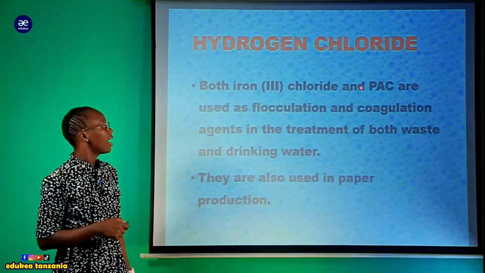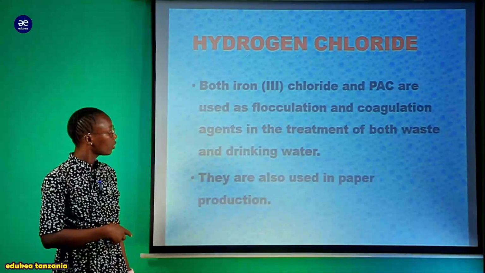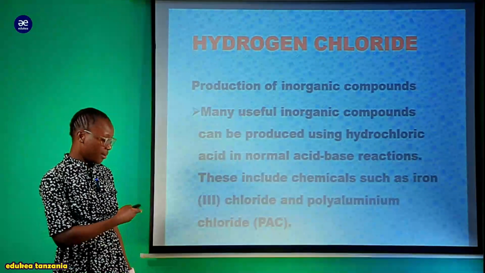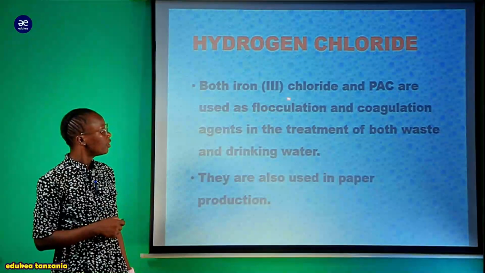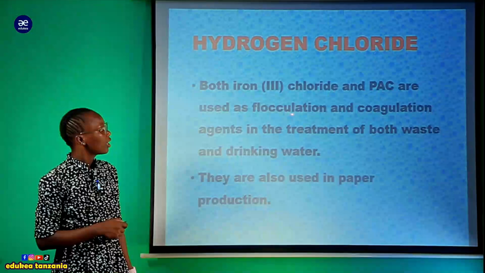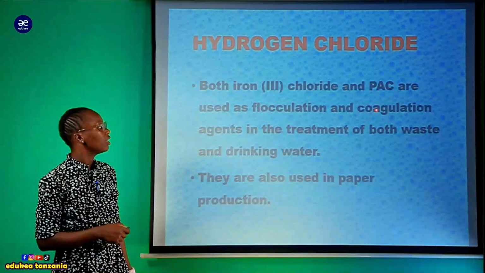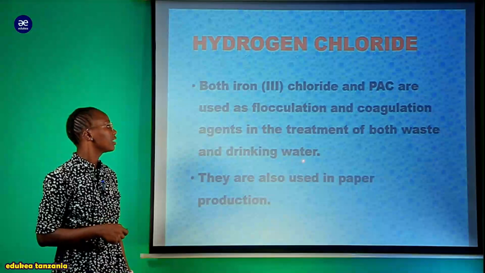Both iron 3 chloride and polyaluminium chlorides are used as a flocculation and coagulation agent in the treatment of both waste and drinking water.